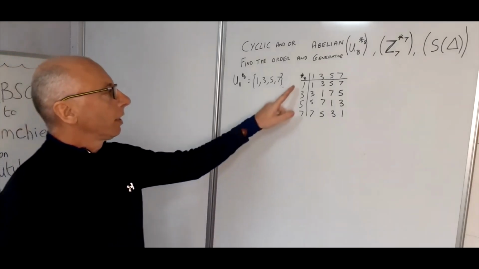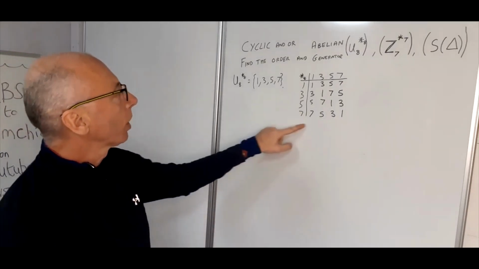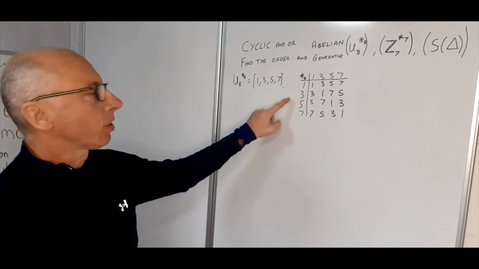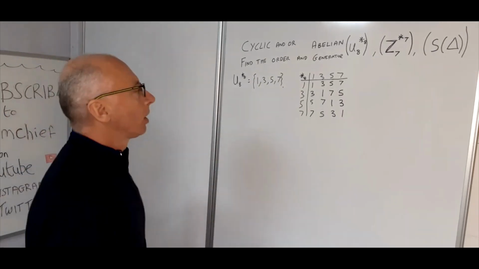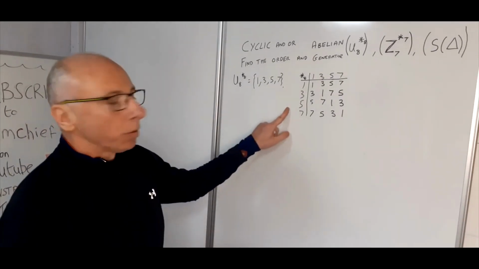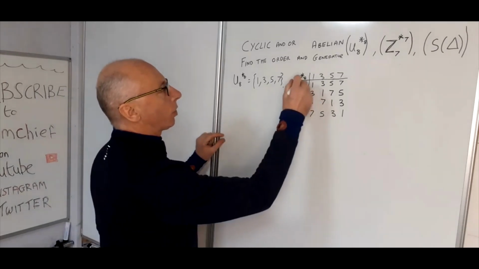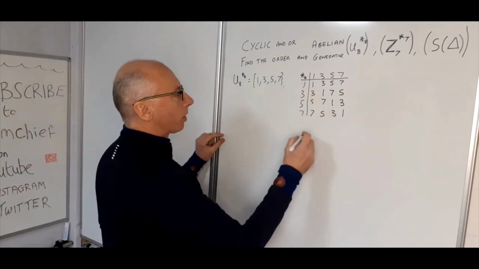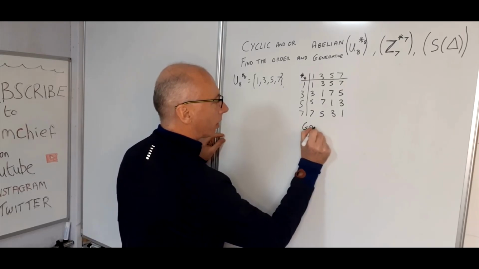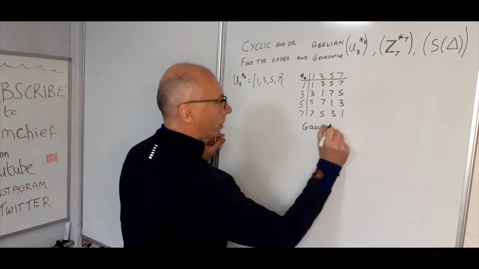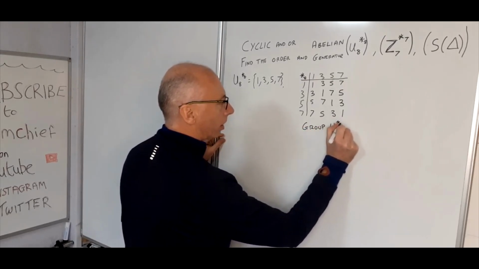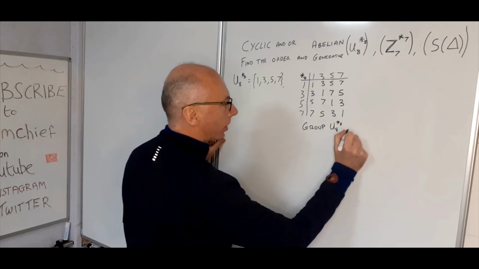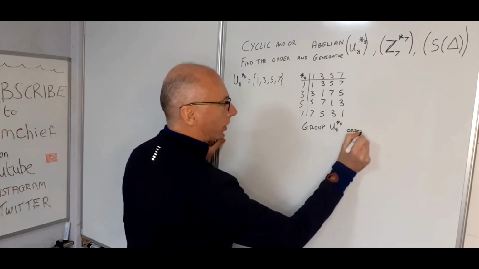Now first of all, let's just work out the order of this group and of each element. Okay, so the group itself is of order 4, so there's 4 elements. So the group U8 modulus 8 is of order 4.